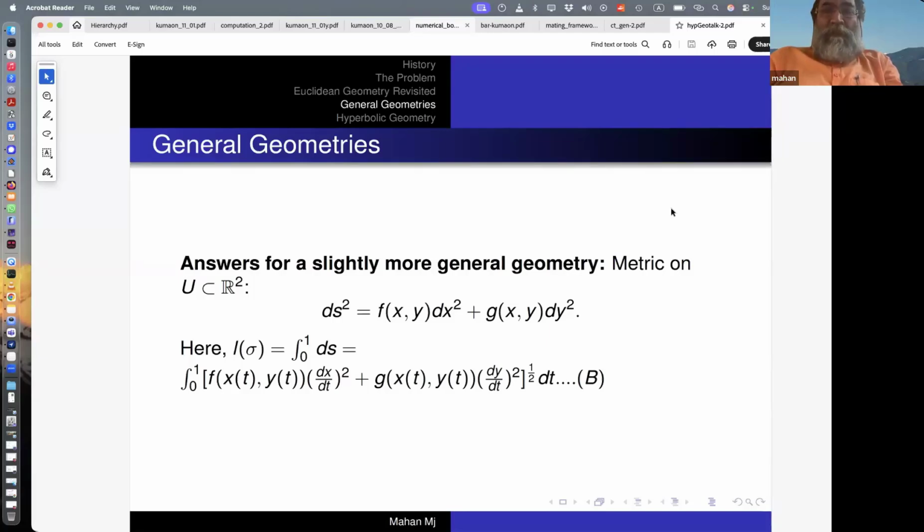The first part of this problem was really digging and excavating the structure, the more fundamental structure underlying Euclidean geometry. And that's what gave rise to this notion of calculus, the notion of infinitesimal, and this notion of integrals of curves, of lengths. So finding lengths of curves through integrals.